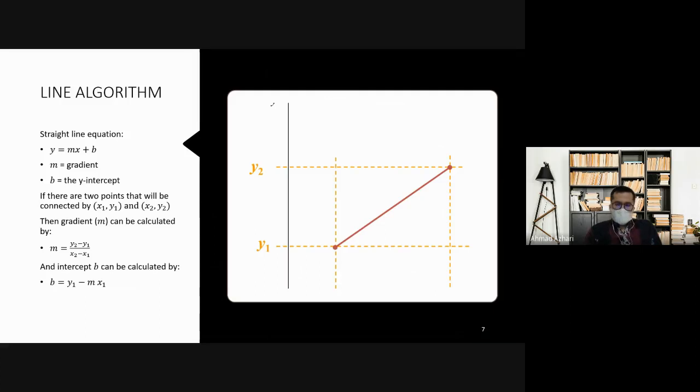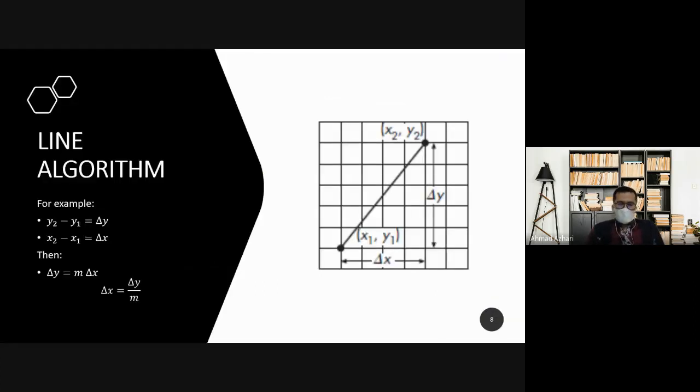So if we have the 2 points (x1, y1) and (x2, y2), as you can see on the right side, x1 and y1 are at the bottom, and the next point is at the top. The difference of y, you can reach by y2 minus y1, and the difference of x, or delta x, by x2 minus x1.